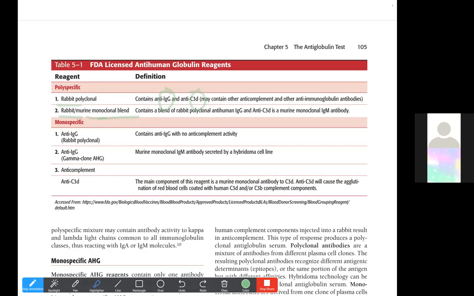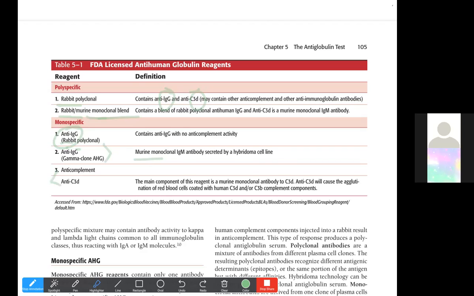The monospecific ones would be anti-IgG specific, and depending upon the clone used, it could be a rabbit polyclonal or a gamma clone AHG, which is murine derived, or they could be anti-complement or anti-C3d.